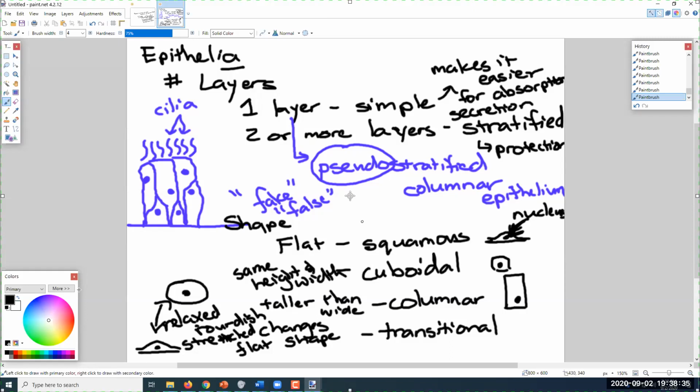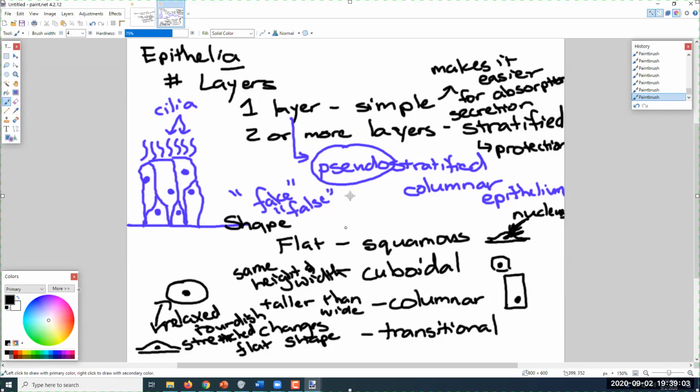Let's go ahead and look at the specific types of tissue. Okay, I'll repeat the transitional one. Okay, transitional, it depends on the situation that the organ's in. If the organ is relaxed and there's nothing filling it, okay, I will give you an example. The urinary bladder, right? The urinary bladder has urine inside of it. If it does have urine, then the bladder is going to be stretched out.